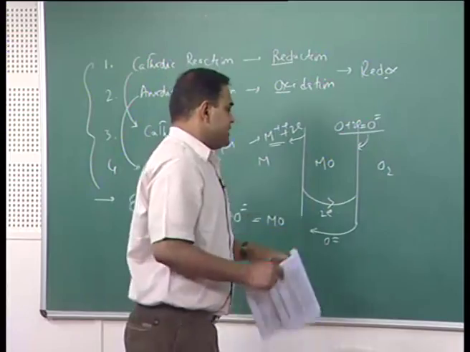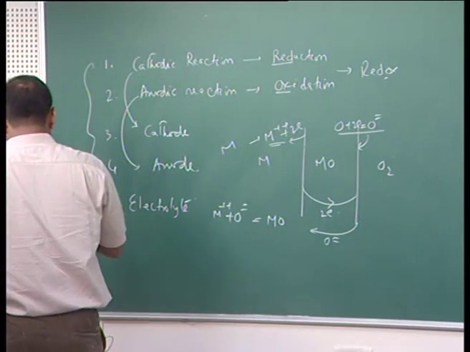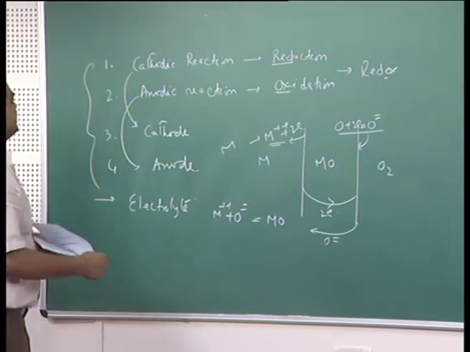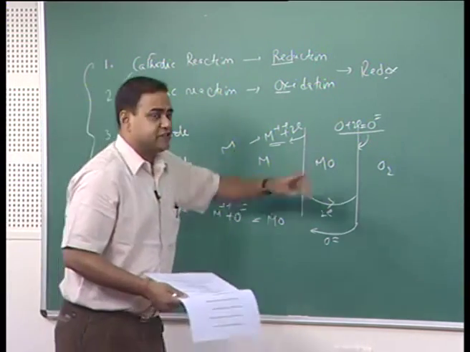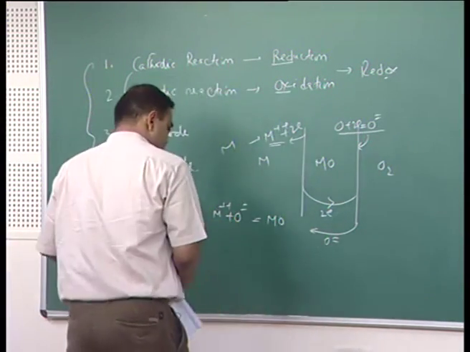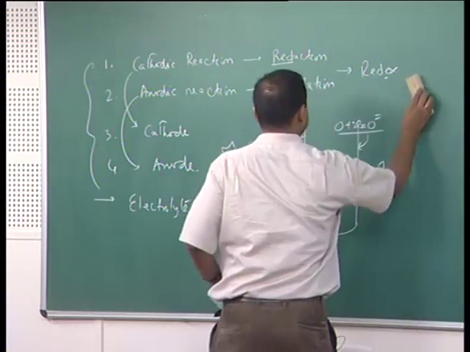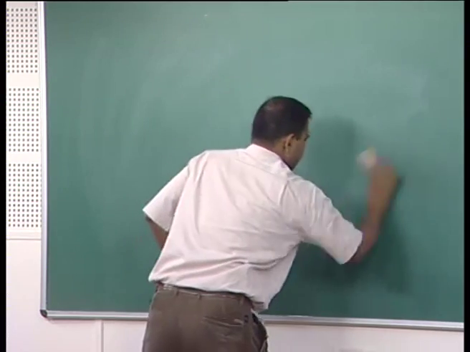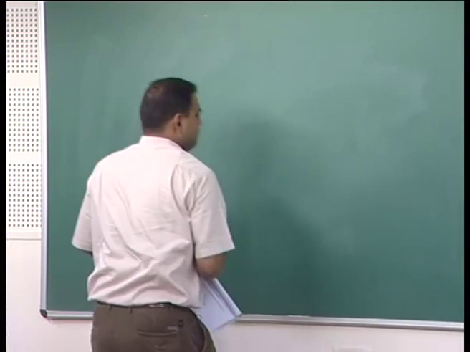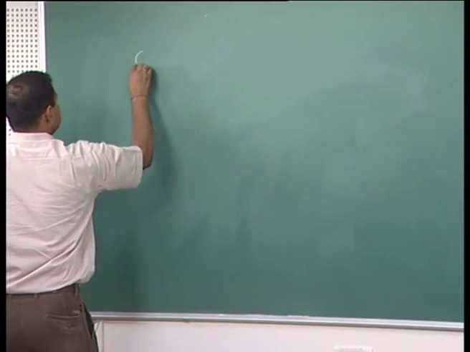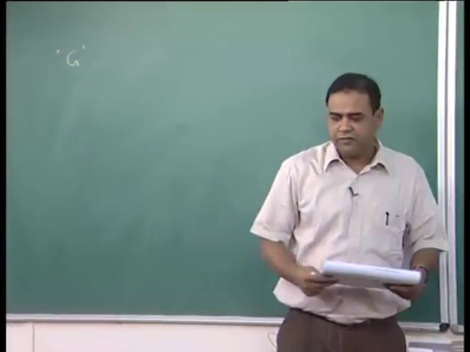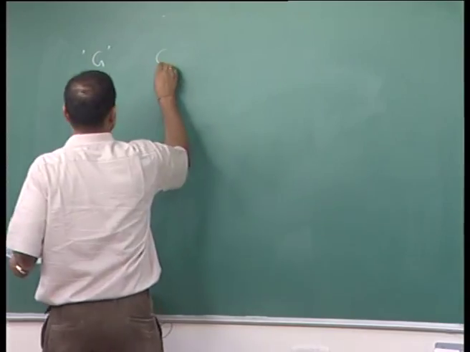Now, let us get into the basic thermodynamics of these corrosion cells. When you talk about thermodynamics in case of corrosion, before that we should understand G. This G is known as Gibbs free energy.